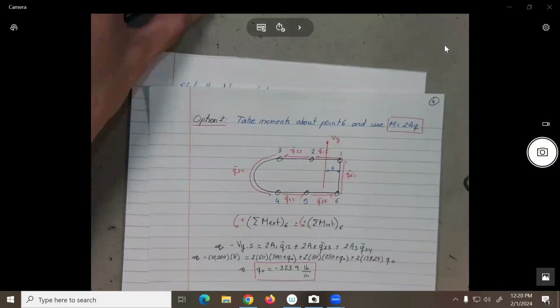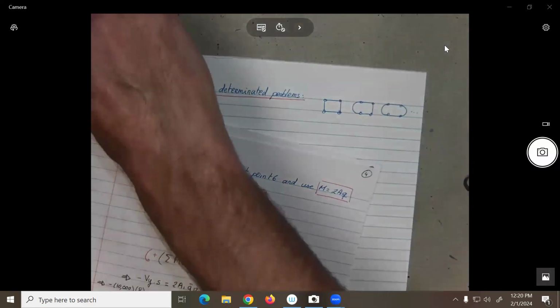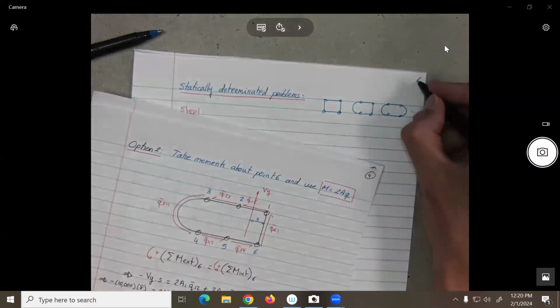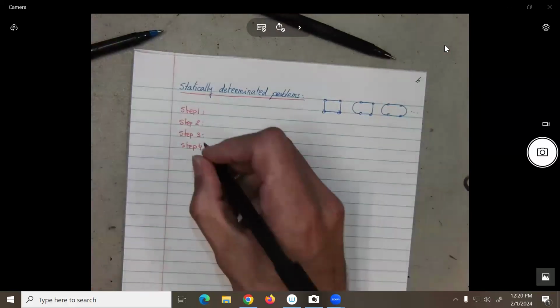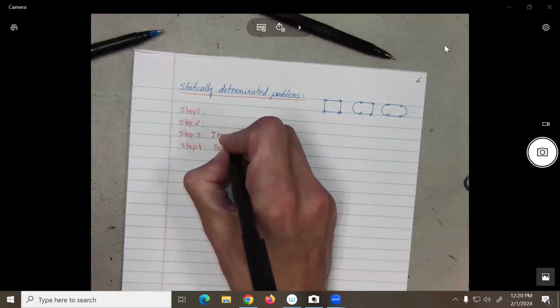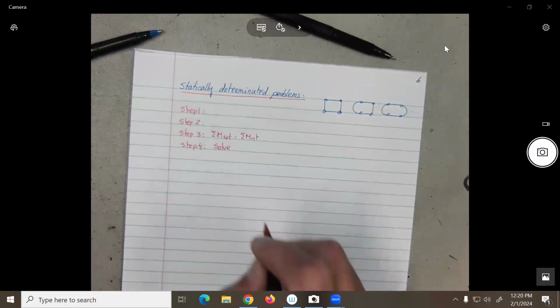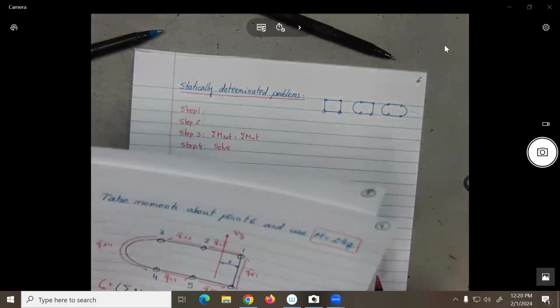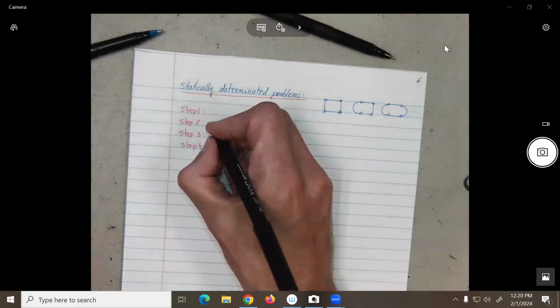Wait, we need to go backwards. So external moment: the summation of external moment equal to internal moment. Step 2, what was step 2? Evaluate shear flows.